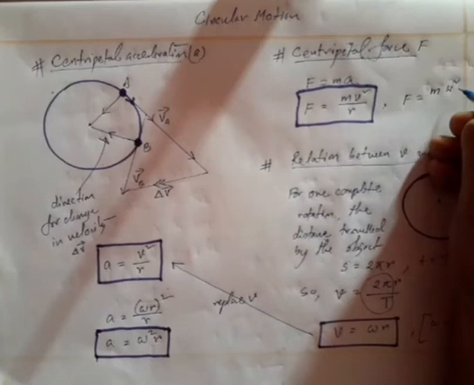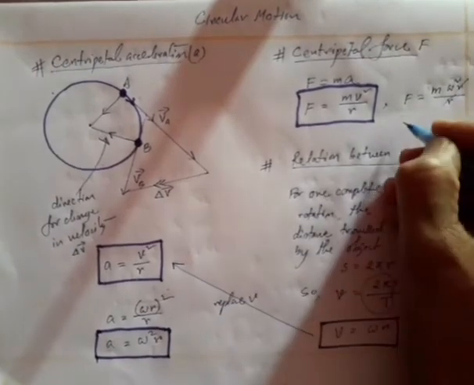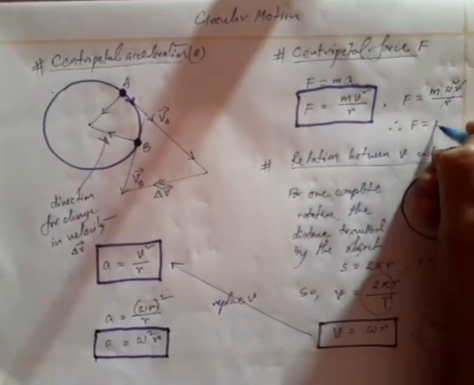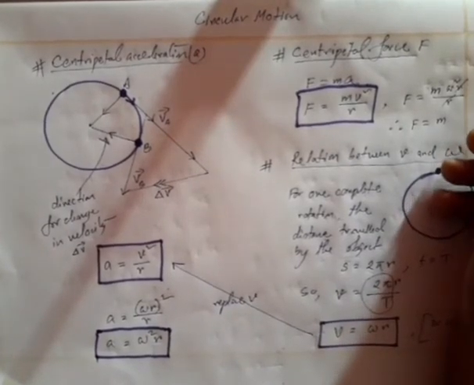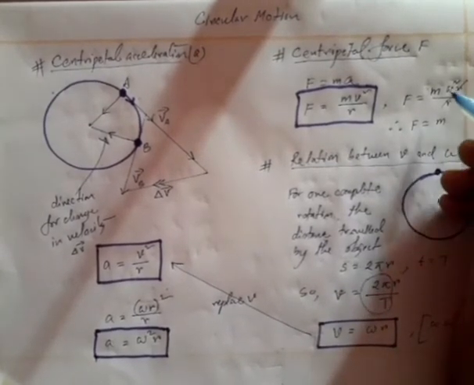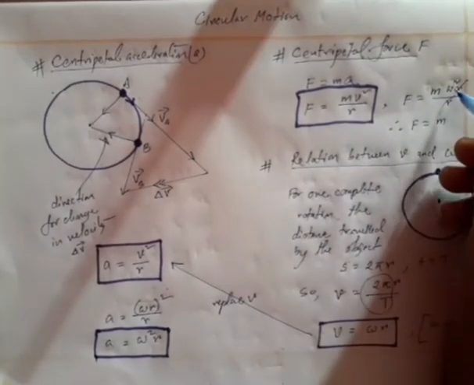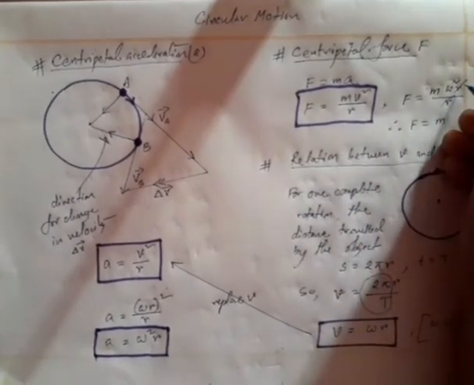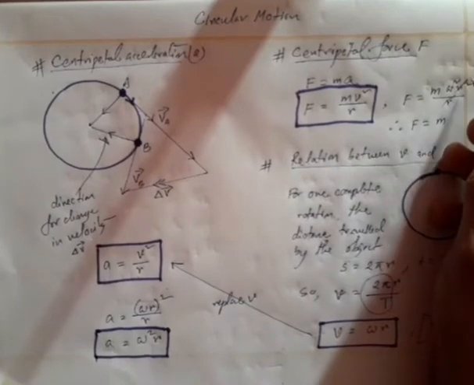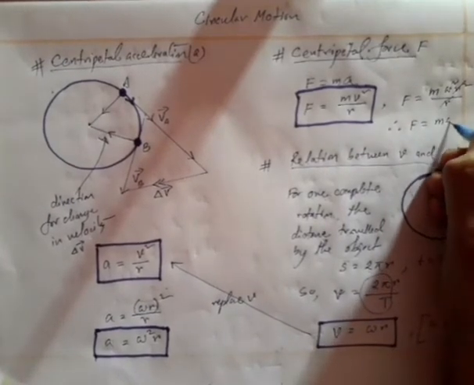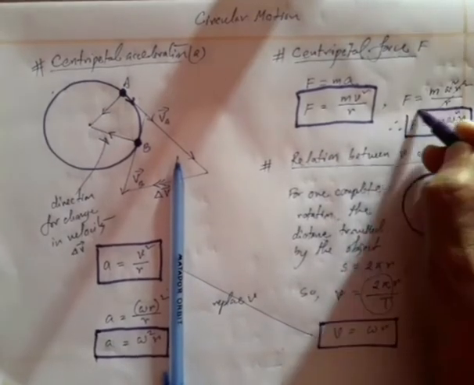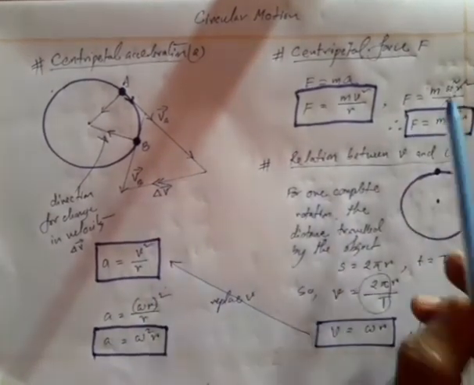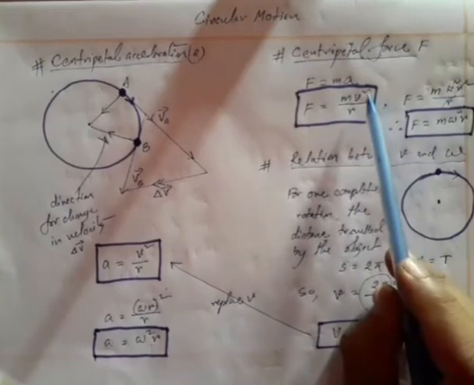As we know, v equals omega r, so the formula for F will be m omega square r square by r. So r cancels, and the new formula of centripetal force will be F equals m omega square r.